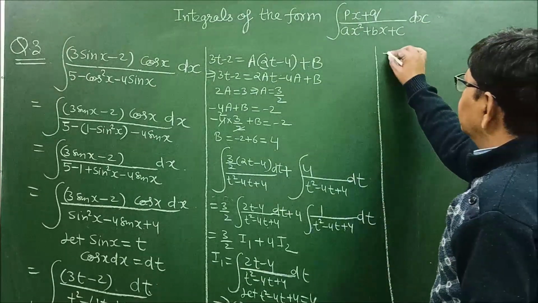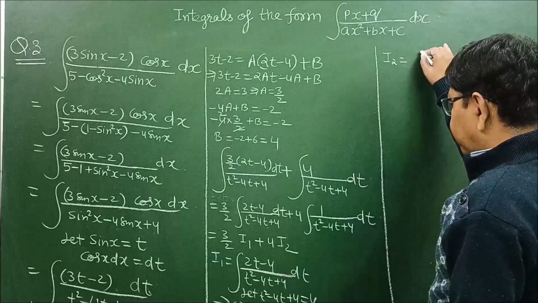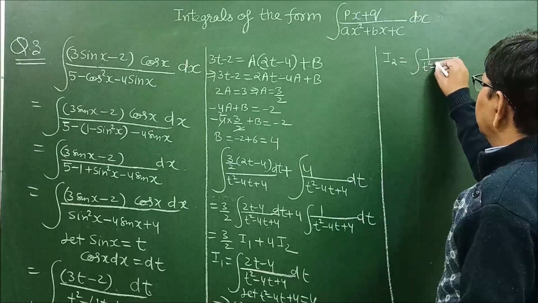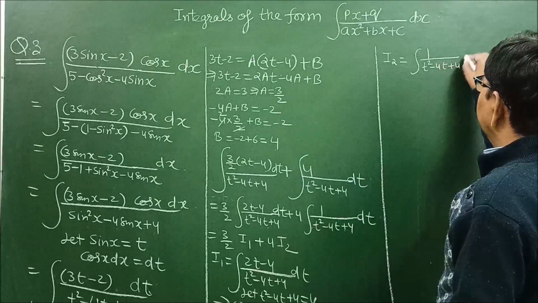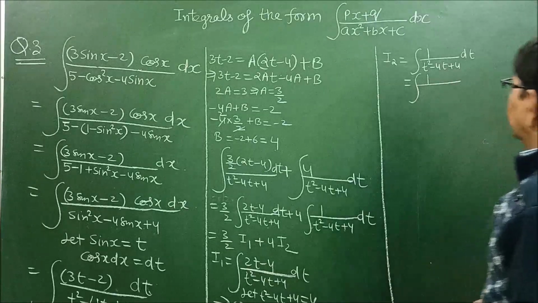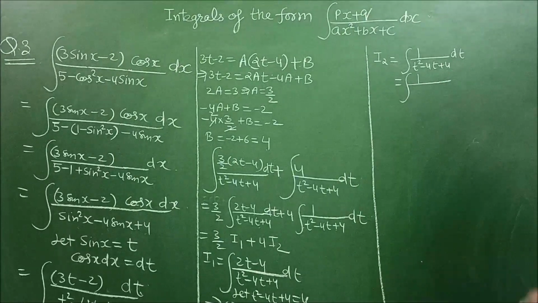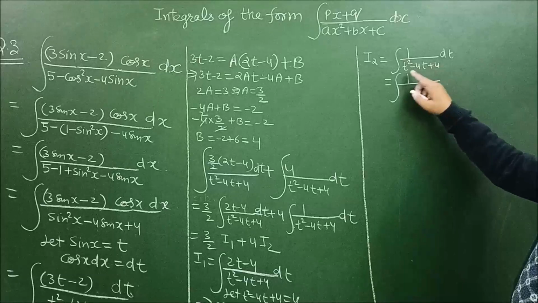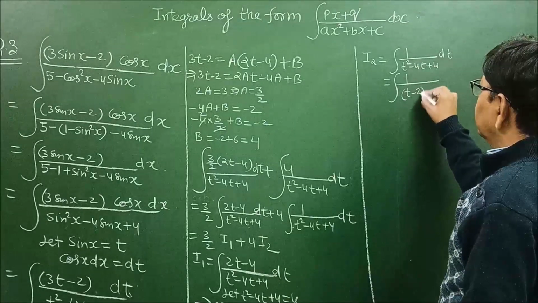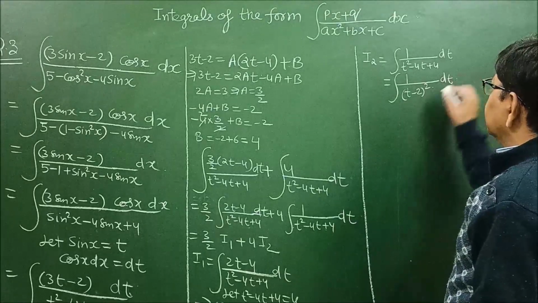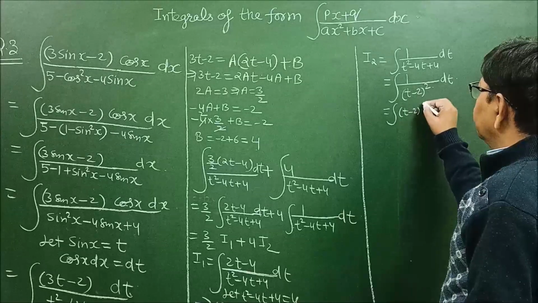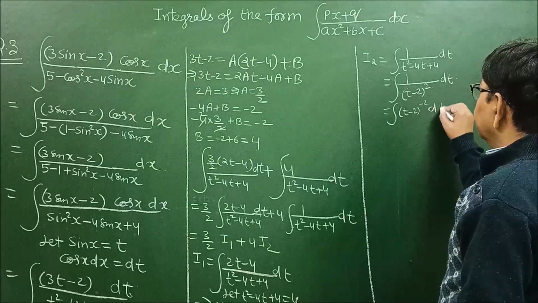So I2 is equal to the integral of 1 upon t square minus 4t plus 4 dt, which is the form a square plus b square, that is the whole square of t minus 2, so it is equal to the integral of t minus 2 raised to the power minus 2 dt.